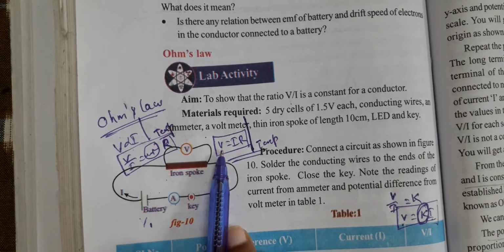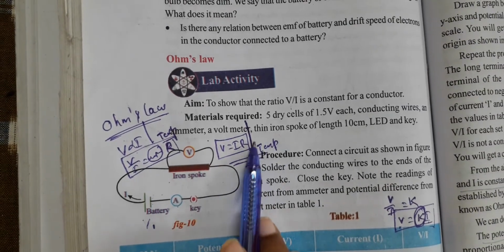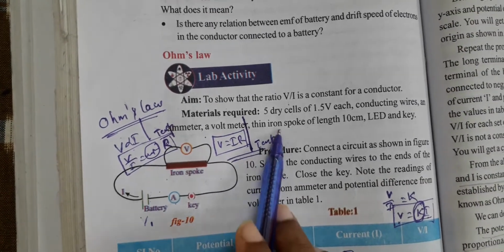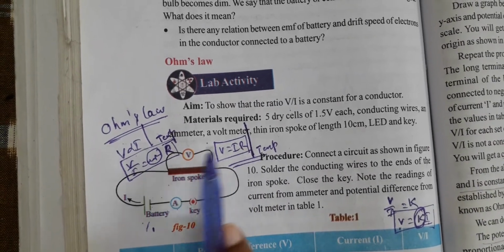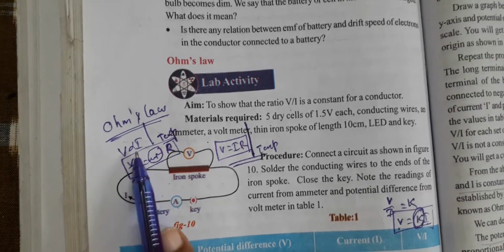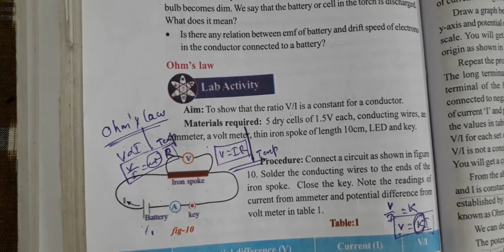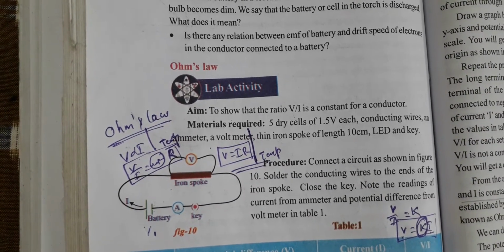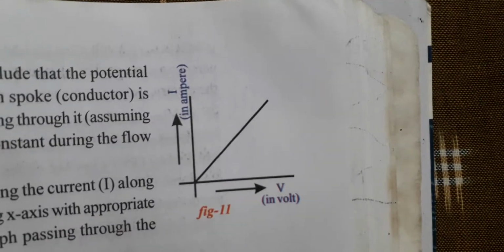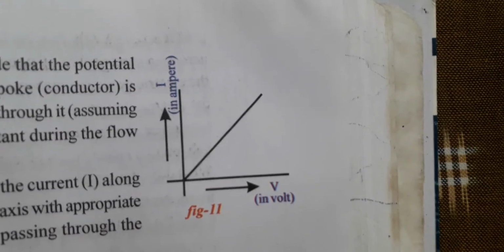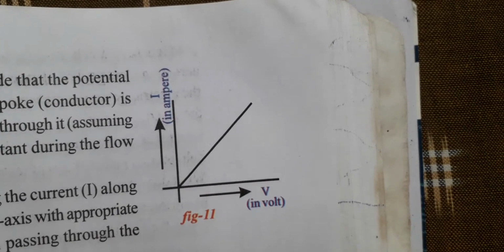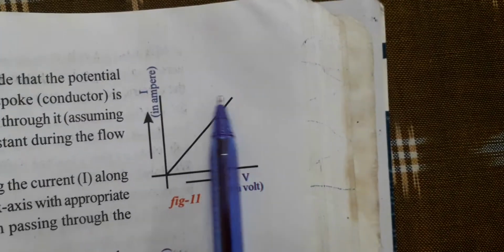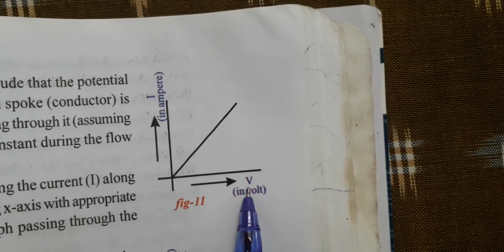The limitation of Ohm's law is that it is applicable only at constant temperature. Now, whenever V is equal to IR, or V is proportional to I, a graph drawn between V and I must be a straight line passing through the origin. Taking voltage on the x-axis and current on the y-axis, you can see that the graph is a straight line passing through the origin because these two are proportional.